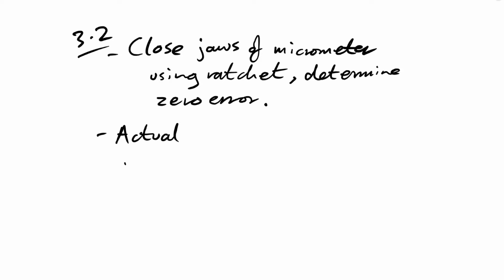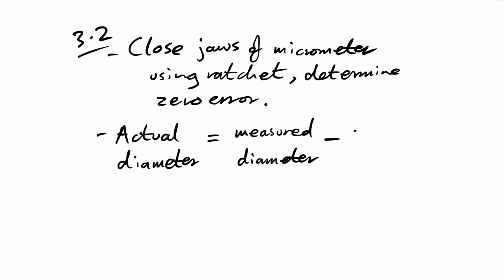Actual diameter is equal to measured diameter, take away zero error value. Of course, if it ends up being a minus, because it goes past zero, then we're actually adding on that, so it works. That would actually get you the 2 marks. However, I'm surprised this isn't a 3-mark question.